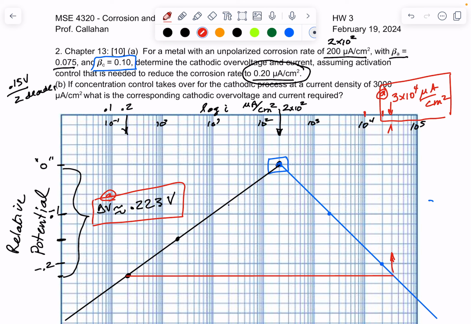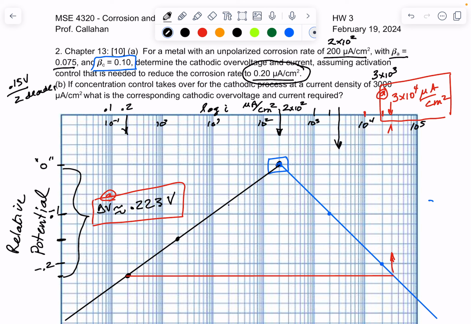All right, so now moving on to part B, if concentration control takes over for the cathodic process at a current density of 3,000 microamps, so that would be 3 times 10 to the 3 microamps per centimeter squared, so that's 1 times 10 to the third, 2 times 10 to the third, 3 times 10 to the third is right there.